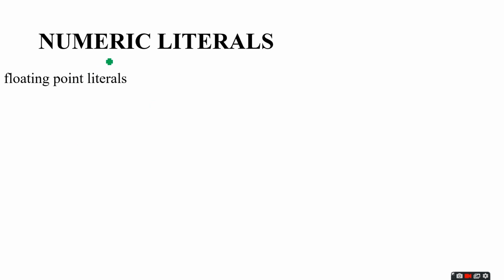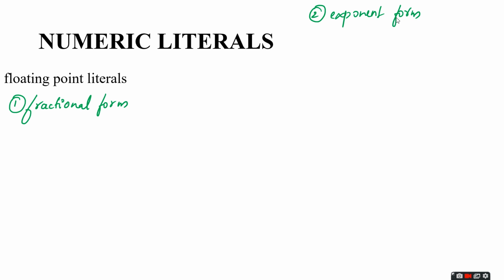Now next is the floating point literals. Actually, the floating point literals are of two types. First one is the fractional form and second one is the exponent form.